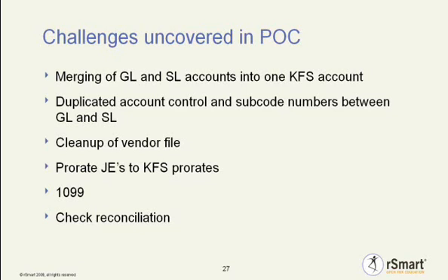We had to clean up the vendor file, and that's generic in the fact that I think most universities we work with, their vendor file probably needs to be cleaned up prior to moving to a new system. And then prorate journal entries to KFS prorates, a functionality that we found as a gap, moving that into KFS and developing that there. R Smart took that on along with 1099 and check recon.